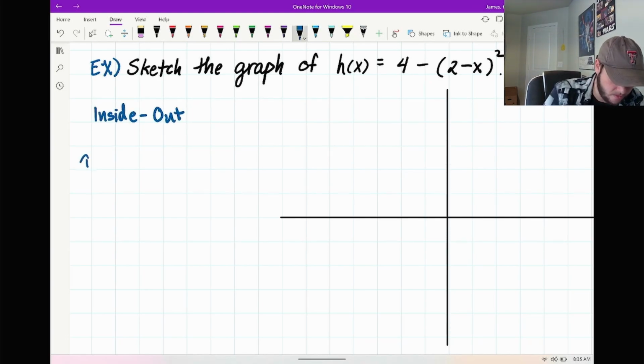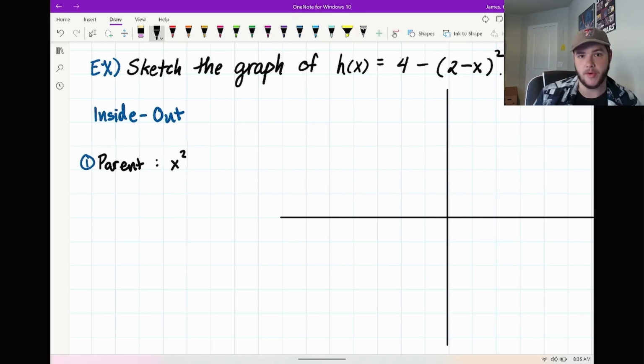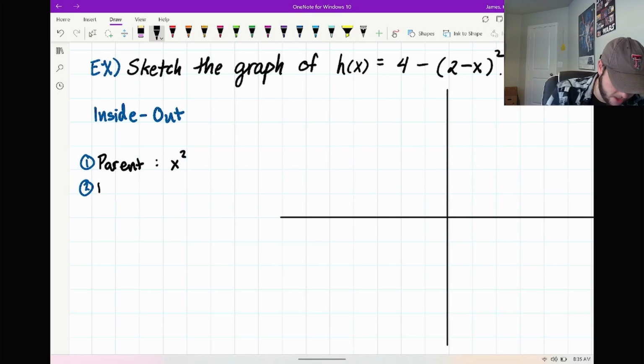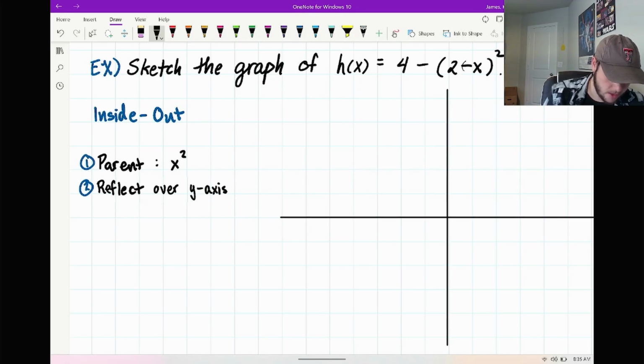So my steps would be, first, I do still start from the parent function each time. In this case, my parent is x squared, since I've got a quadratic. Next, I want to reflect. My next innermost operation would be this minus sign here, so I want to reflect over the y-axis. Then my next innermost operation would be this 2.